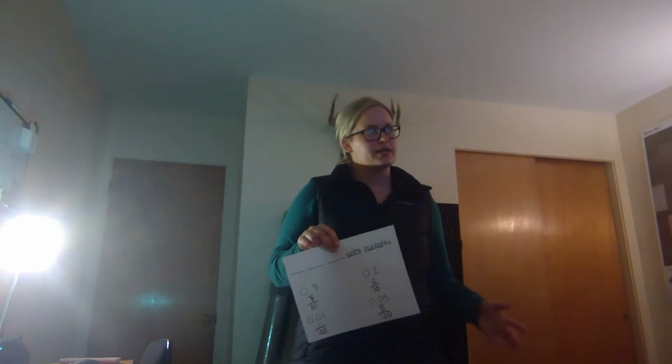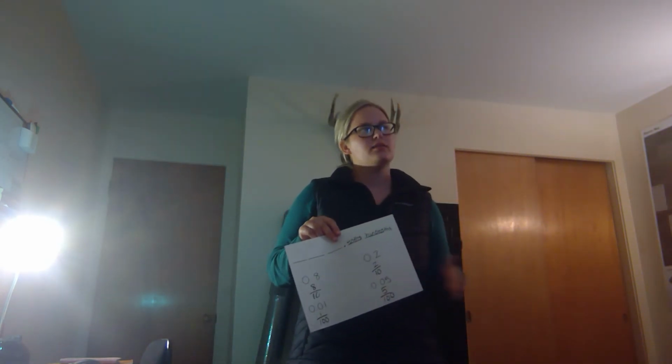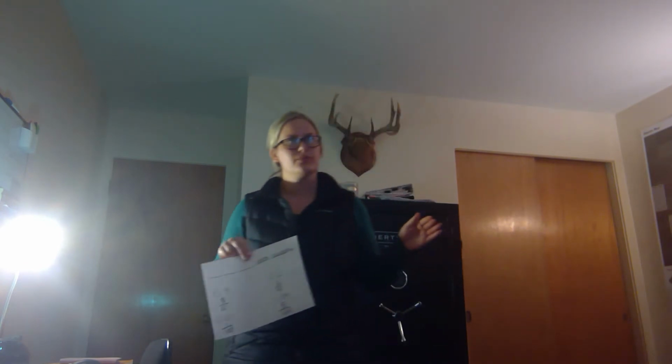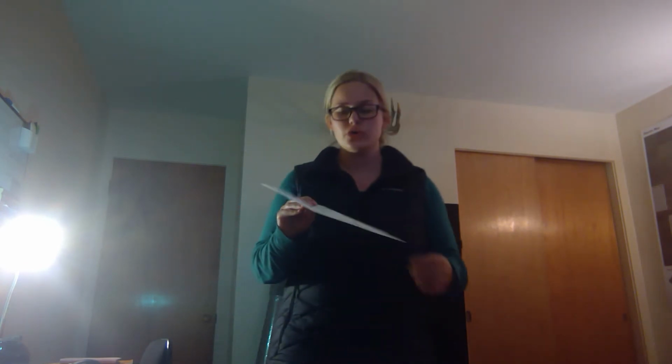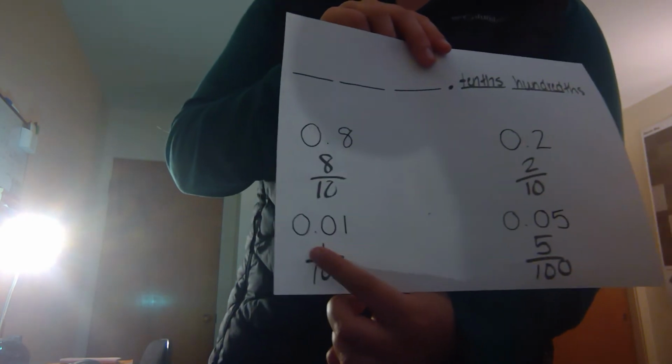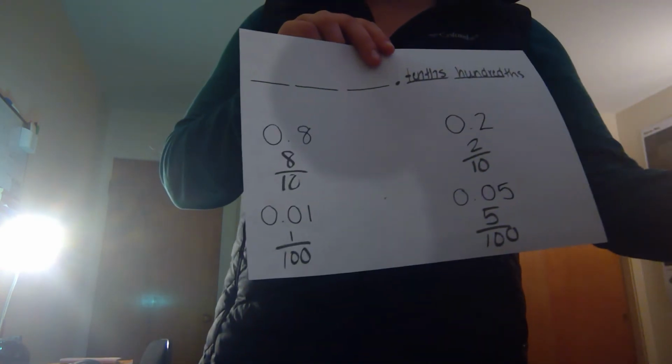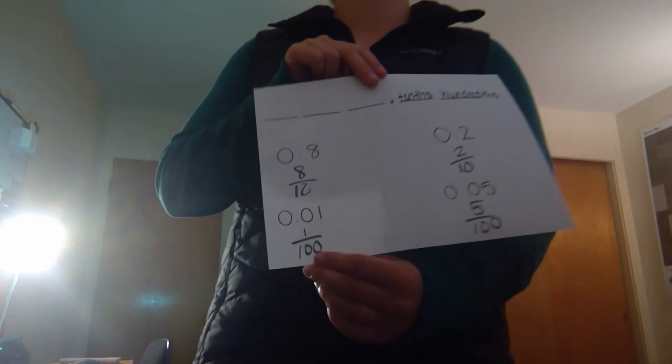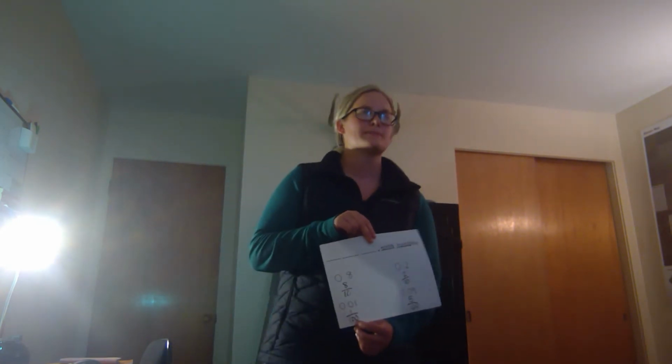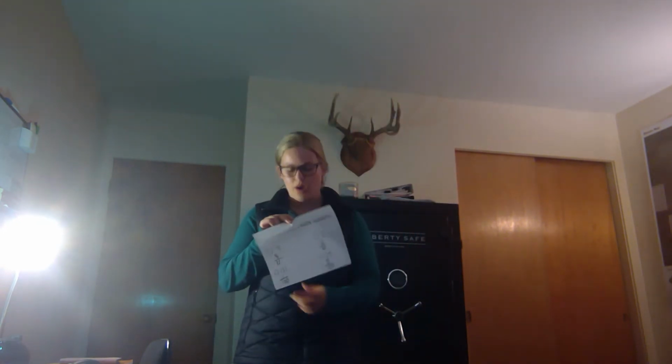Okay, so what about hundredths? Is that one place value to the right or two? Right, it's two. So if we look here, we have 0.01, which is equivalent to 1/100.